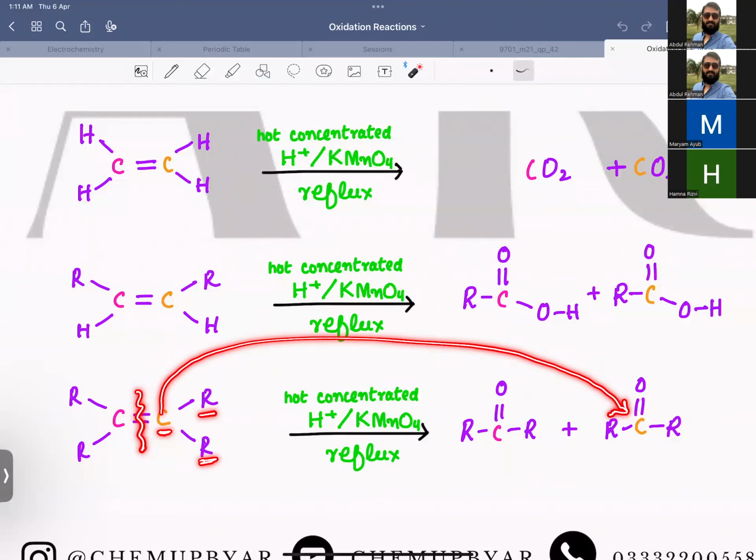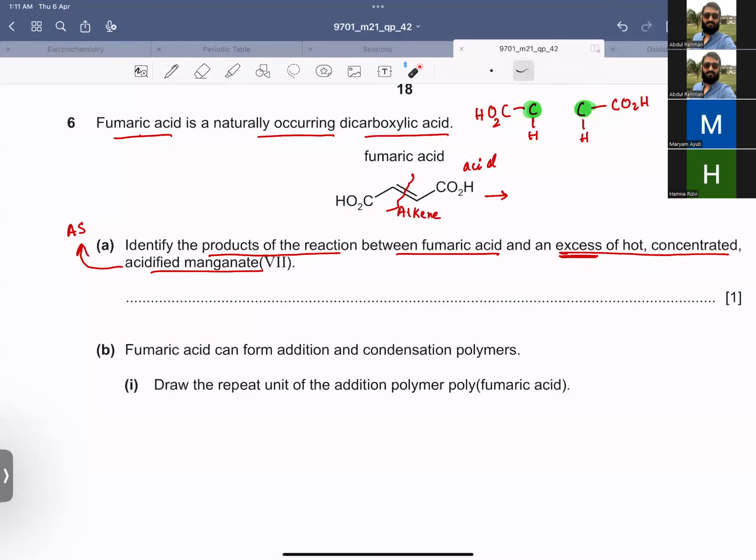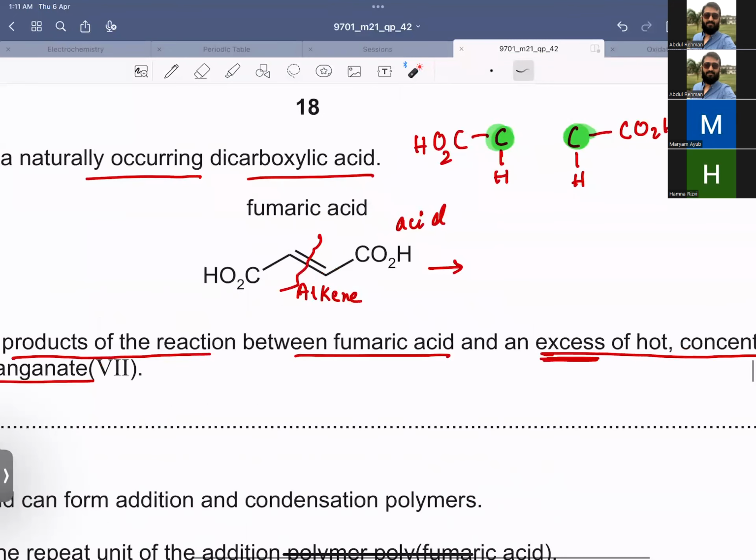Is this clear? So if you see here, we have a double bond. This double bond is broken down, and this green carbon has one carbon chain and one hydrogen. Same goes with this carbon. So these carbons are going to convert into carboxylic acid.